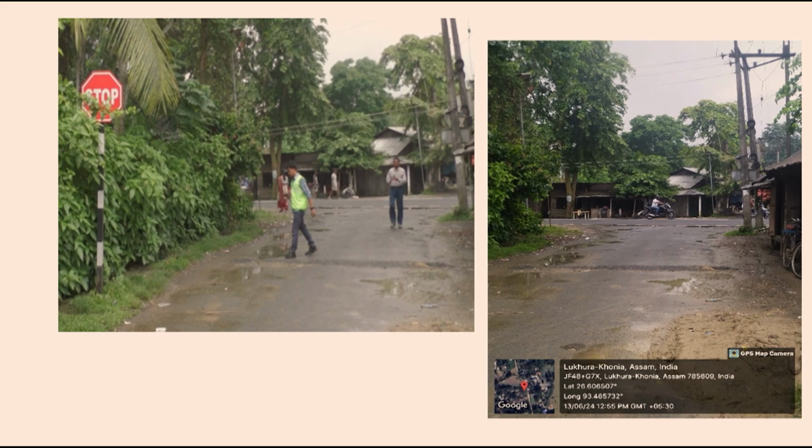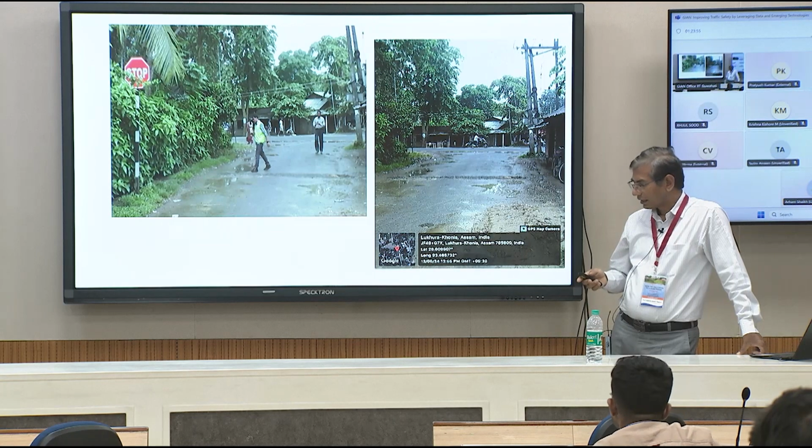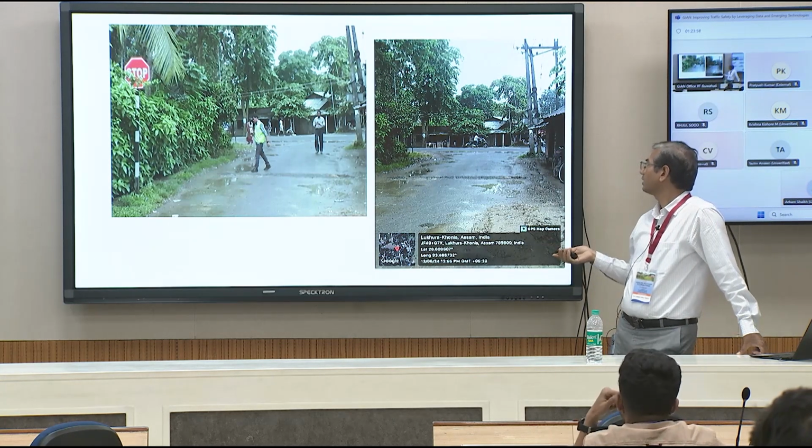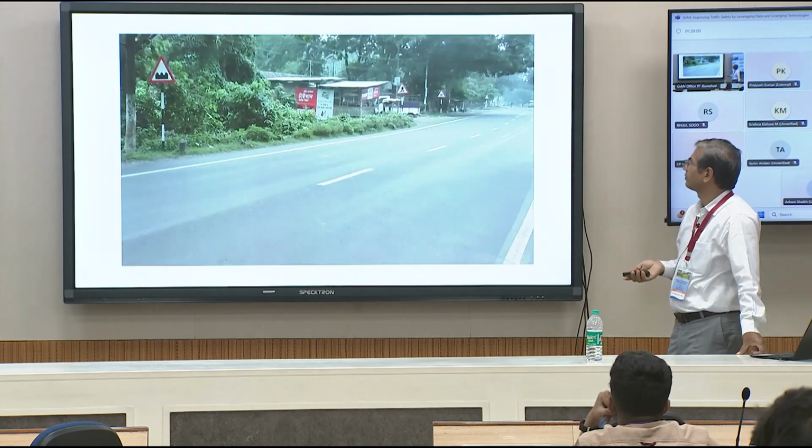As soon as you try to move closer, you may not realize a truck coming on the other side may hit you. These kinds of encroachment at the corner become very common in our case. Wherever there is a junction, right at the corner, you will see a tea shop come up, and that creates a huge problem. Once you have this kind of shop, there will be parking and people movement. That will create a potential hazard for accidents.